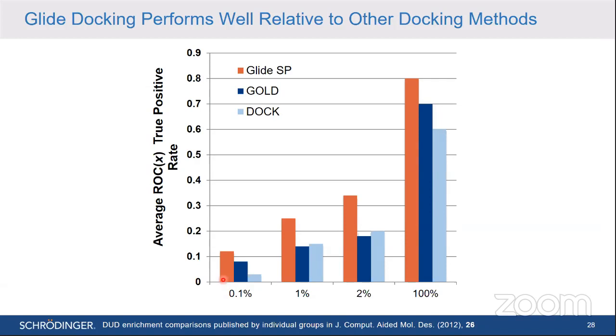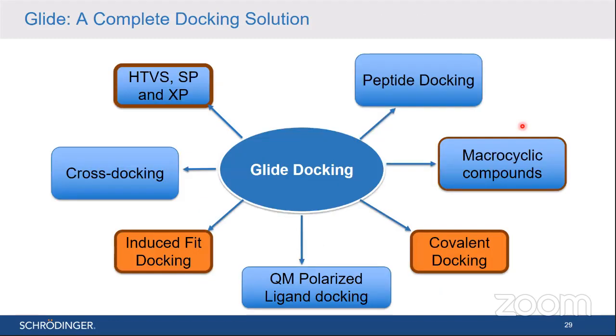Glide docking score is always able to identify active molecules from your dataset in a very good manner. For example, out of 100% of molecules, it identifies almost 80% of the active molecules amongst all, which is the most among all other software. That's why I always say Glide gives you more reliable results.